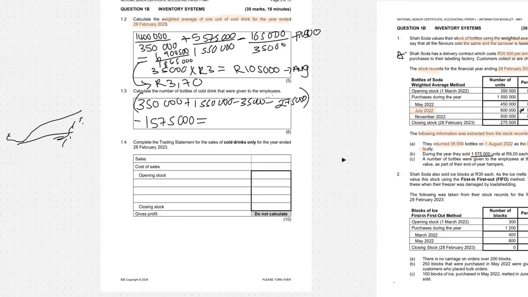Then you subtract 1,575,000, and that should give you 15,000. So that is how many bottles were given to the employees. Any questions about how we got the 15,000 units?